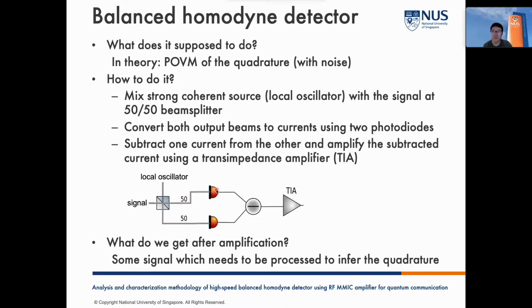The output of the beam splitter will be detected or converted to photocurrents using two photodiodes, and then we subtract one photocurrent from the other and amplify the subtracted photocurrent using a component called a transimpedance amplifier, or TIA for short. This component converts a weak current signal into a voltage. So in the end, at the output of the TIA, we have a time series of a voltage which needs to be processed for us to be able to infer some statistics of the quadrature that we want.